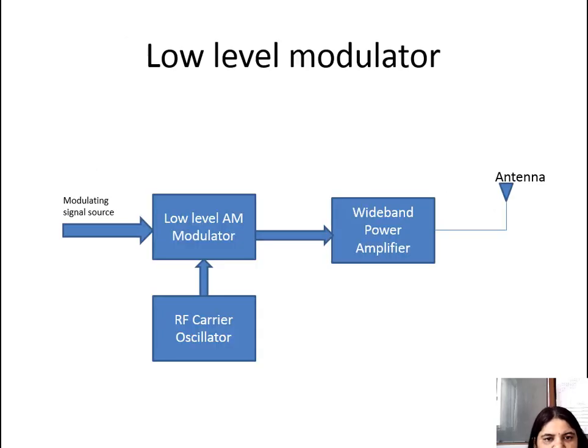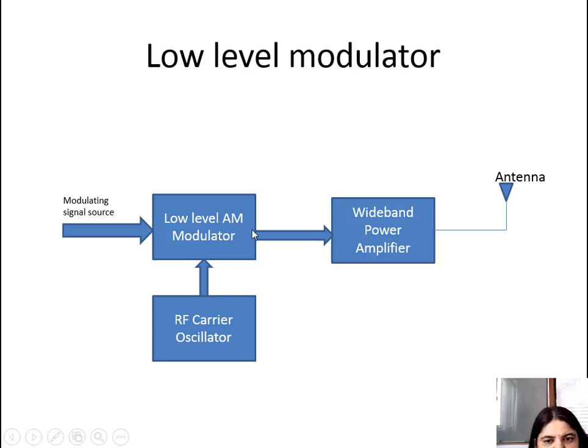Now this is the diagram of the low level modulator. Low level means low power modulator. The modulating signal is applied to the low level modulator. Initially, the signals are not amplified and have a low power level.